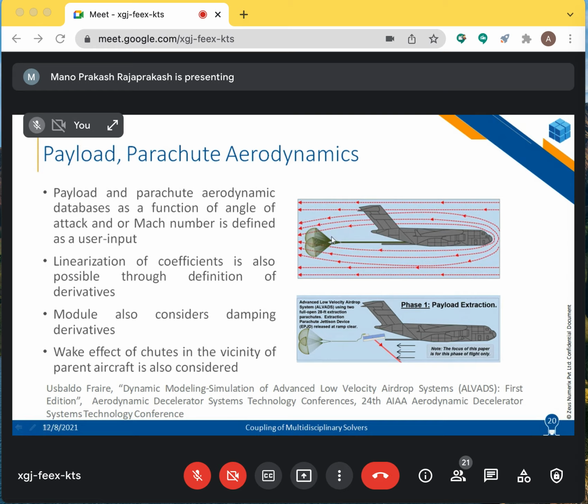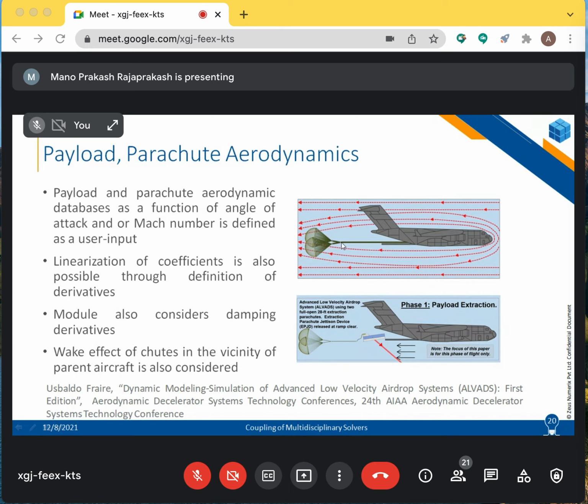So when you have lesser velocity, the parachute is going to exert very less force on the payload. So predicting the wake of the aircraft from which I am going to drop is very important for me to decide how many parachutes I want to pull this payload. And that is the first thing.